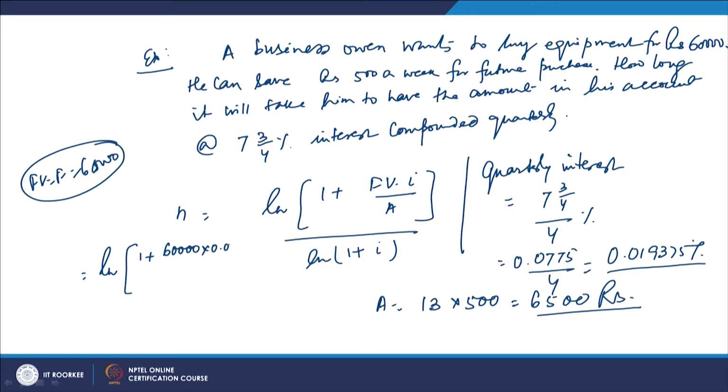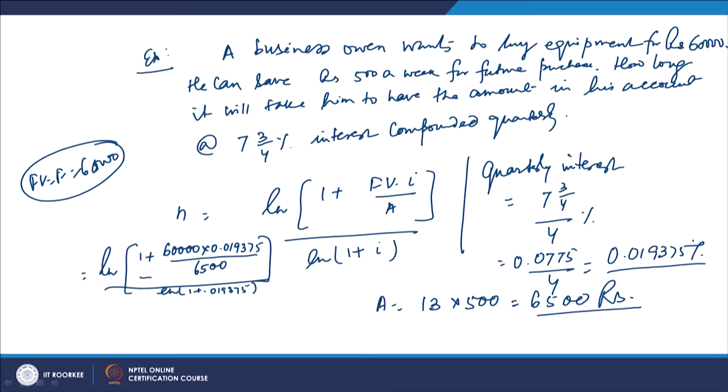So it will be 0.019375, then divided by A. So A will be 6500, and then you will have this ln divided by ln of 1 plus 0.019375.